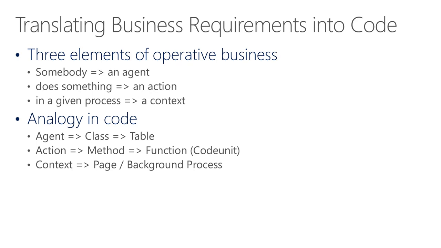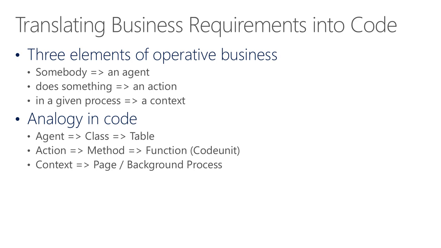Who, meaning which agent, does what, meaning performs which action, in which context. If you think, for instance, of sales posting in Microsoft Dynamics 365 Business Central, the answers are easily found. The sales header, that is the agent, posts, that is the action, from a document, which constitutes the context.